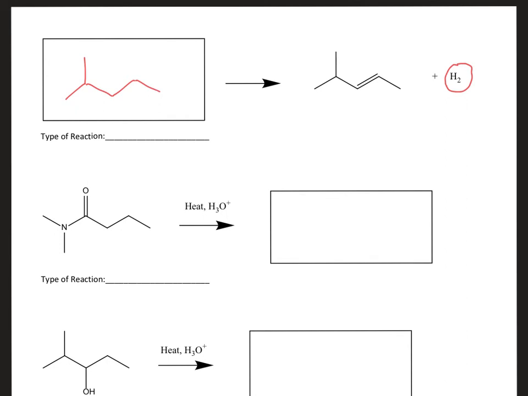Let me translate that for you. We are taking off the hydrogen from here and from here. That gives us the H2. And in losing those two, that's how we end up with this double bond right there. So this would be a dehydrogenation or an elimination reaction. Either one of those is totally fine.